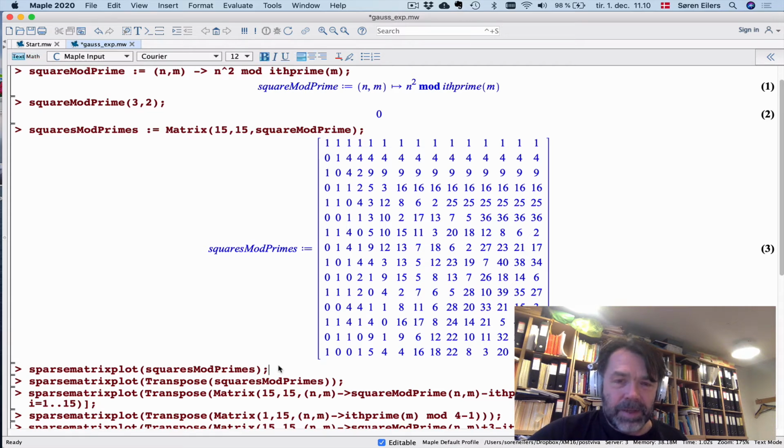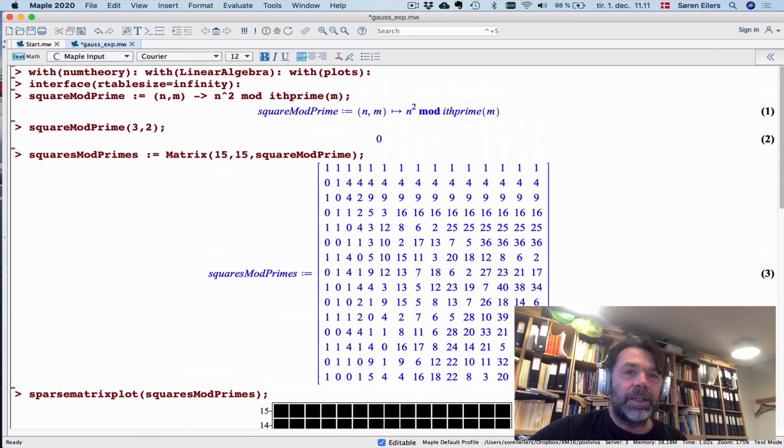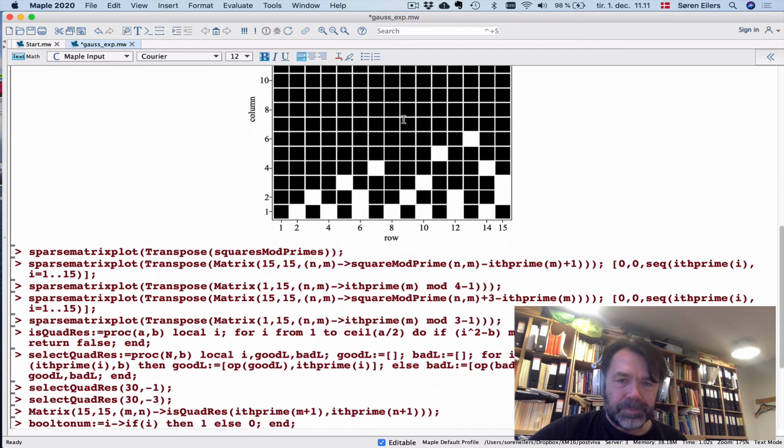And I want to get some visualization going, and the way I want to do this is using the sparse matrix plot procedure, which is built into the plots package up here, so that's why I loaded that.